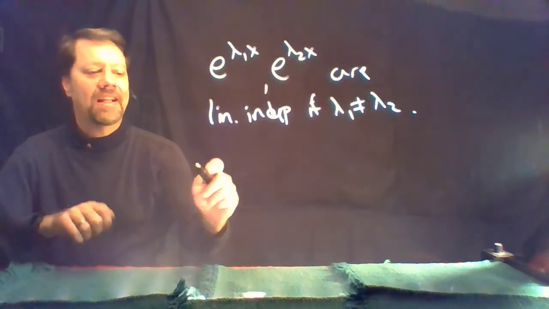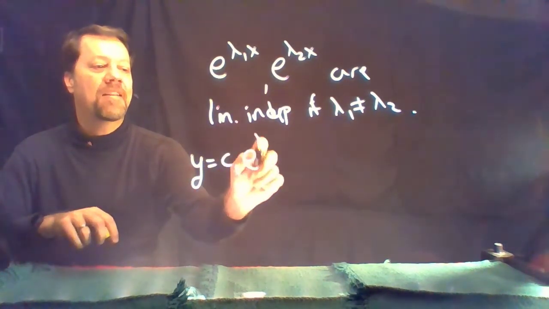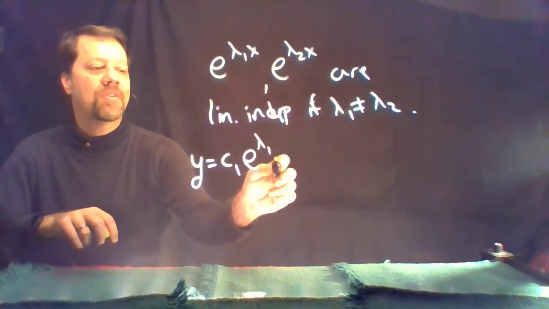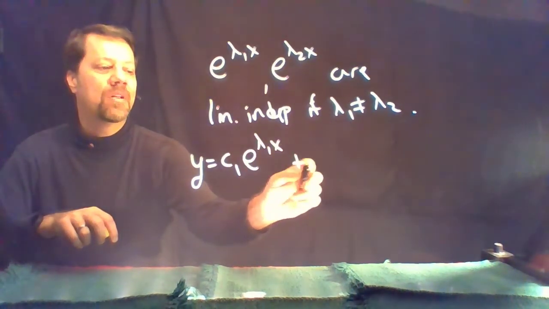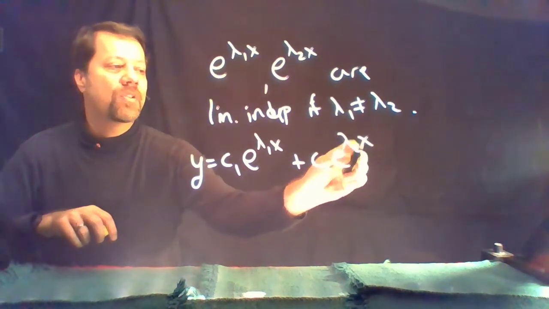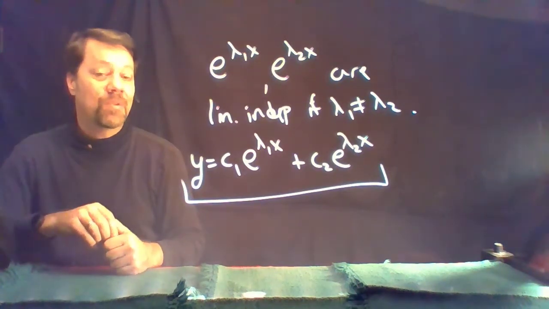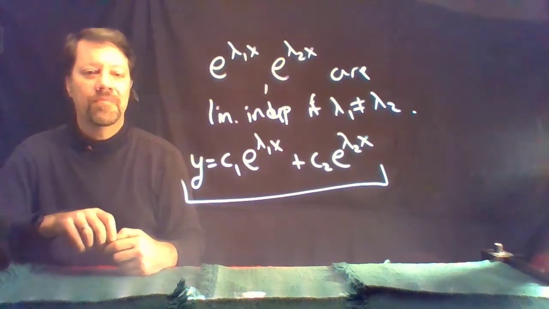We can now get a complete solution to that case because if the characteristic values lambda 1 and lambda 2 are real and distinct, then the general solution to the differential equation will be exactly of this form.